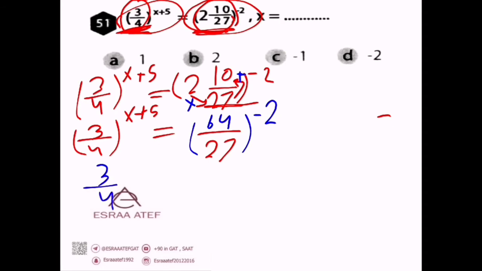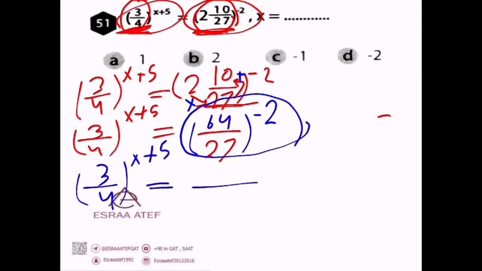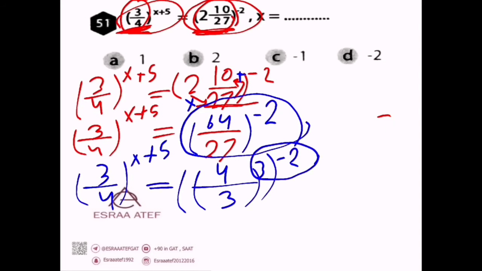Okay, can we simplify this part to be 3 over 4? Yes, we can simplify it, but it will be 4 over 3 powered by 3 powered by negative 2, which we have. Okay, now we will multiply them by each other, so it will be 4 over 3 powered by negative 6.